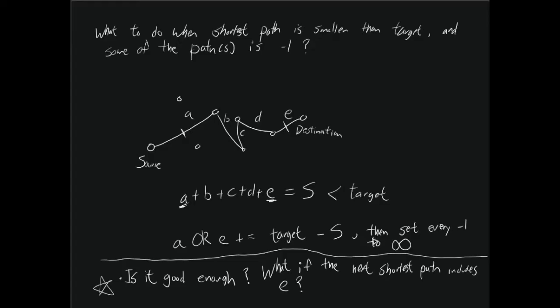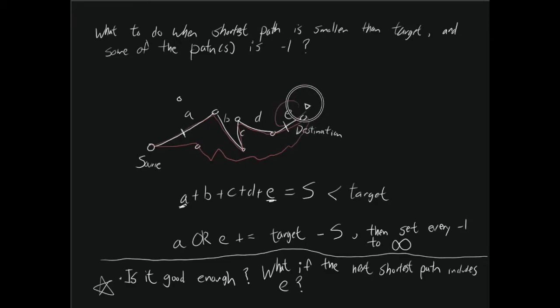Then we're going to set every other -1 path to infinity, obviously except the -1 paths inside the shortest path if more exist, because we don't want to make those infinity. You might ask, why do we want to set infinity? Because I really want this to be my shortest path. There could be another path from the source to here.